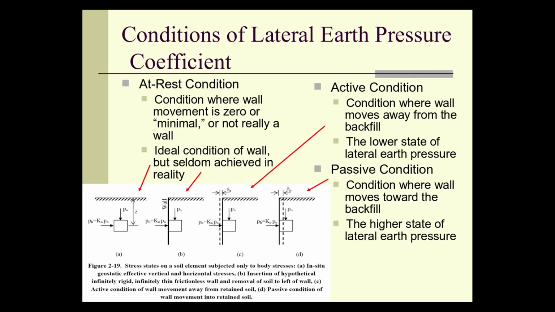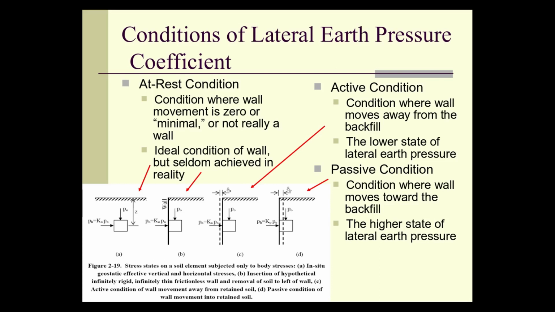All right, we're going to talk now about the conditions of the lateral earth pressure coefficient. There are 3 of them, which we're going to discuss. The first is the at-rest condition.